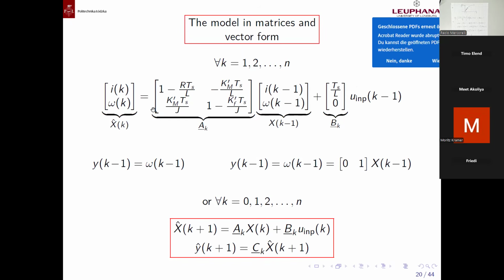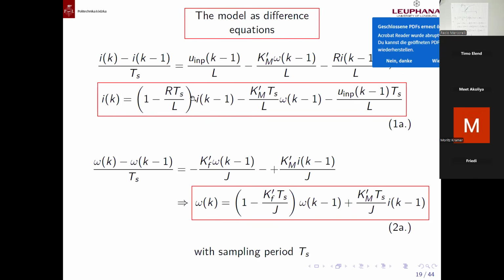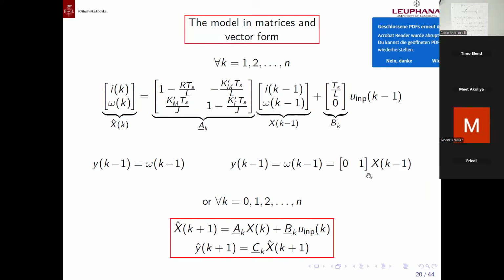But let me remain here, and then I will come back to this case. This representation here is exactly another way, as I explained before, to represent 1A and 2A in terms of matrix and vector, in which we have the actual vector. In the model, this means hat, let me say predicted.